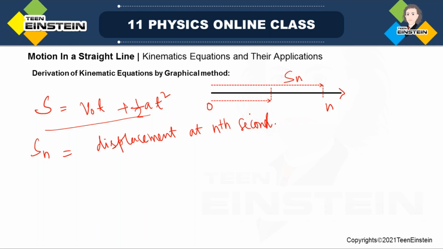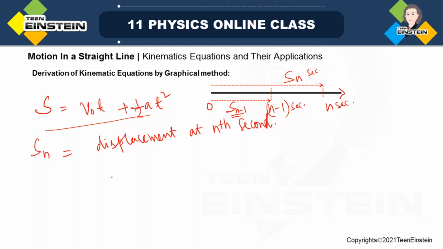Now look at this interval, suppose this is the displacement at time n minus 1, during this interval 0 to n minus 1 second. So suppose this is Sn minus 1. I'll just put n in place of t.